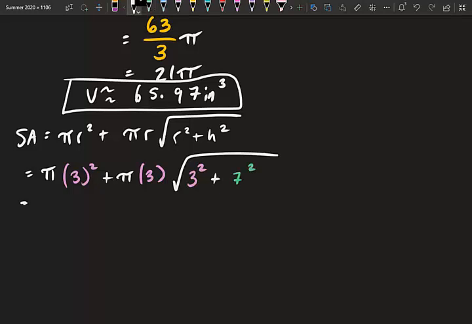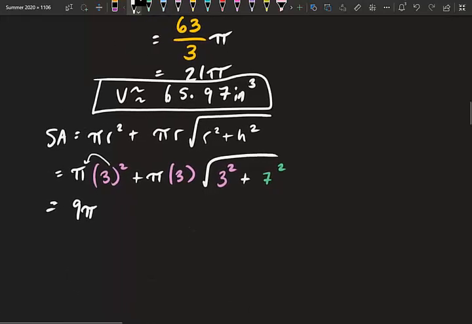Alright, simplify the radical before you do anything outside of it. Like, don't distribute that. Alright, let's simplify. So we have 3 squared is 9, and 9 times pi is 9 pi, plus pi times 3, which is 3 pi, times the square root of 3 squared, which is 9, plus 7 squared, which is 49.